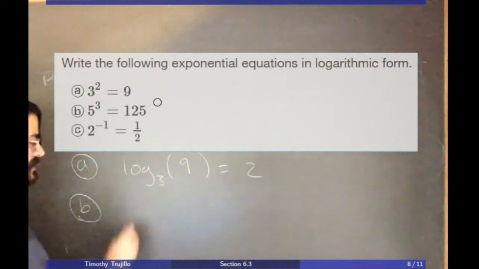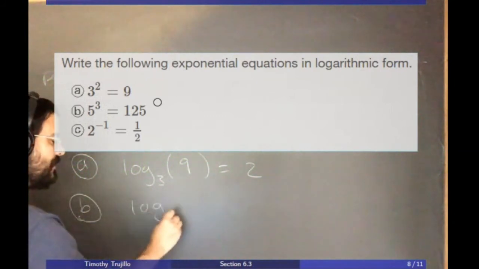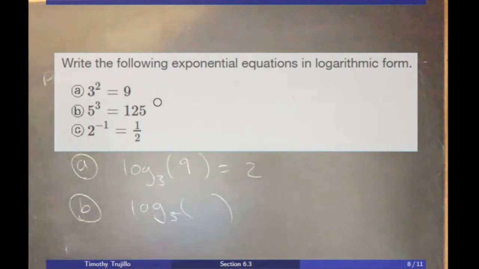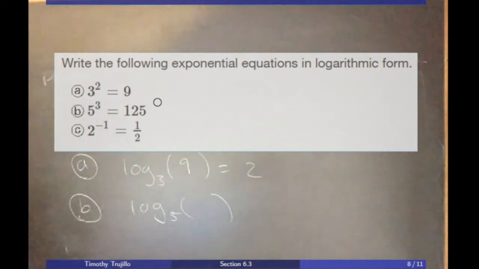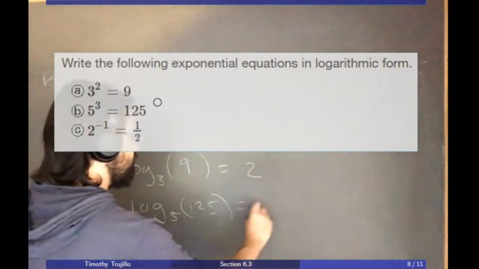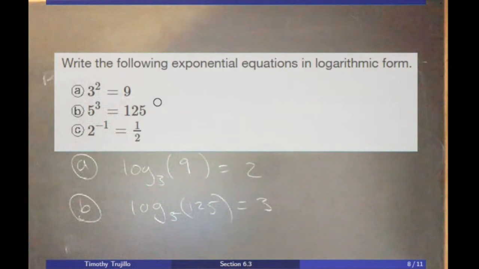Let's look at b. In this case, the base is 5, so this is log base 5 of what? What should we throw in between these parentheses? Yeah, just 125, and then the exponent in this case is 3.